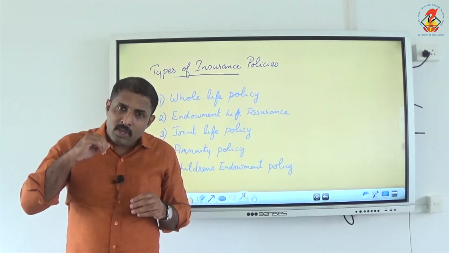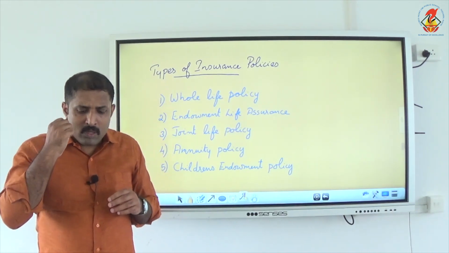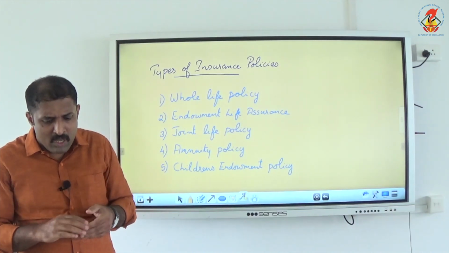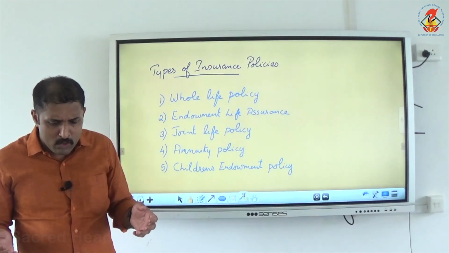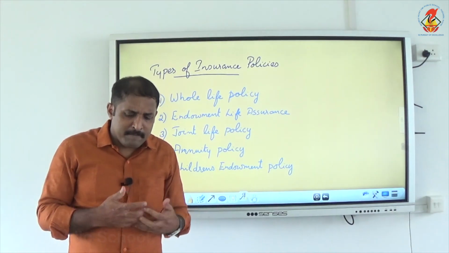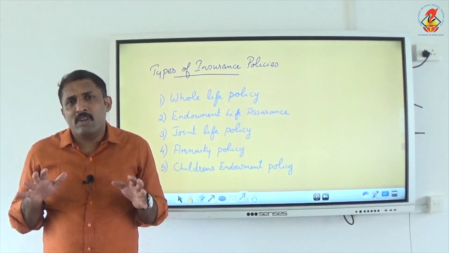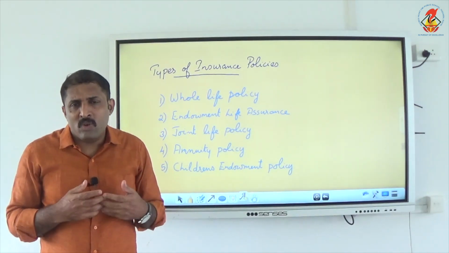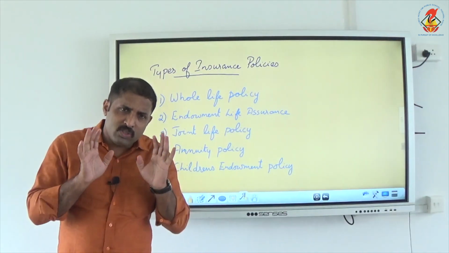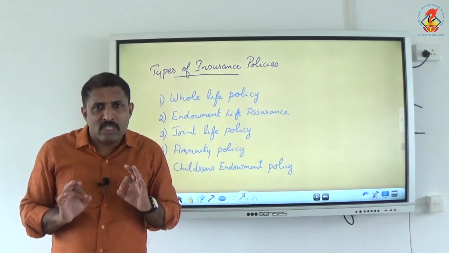And if, before maturity of the policy, no premium is to be paid. So, whatever premium is being paid, it will be paid back. This is basically for meeting the requirements of children, either education or marriage.